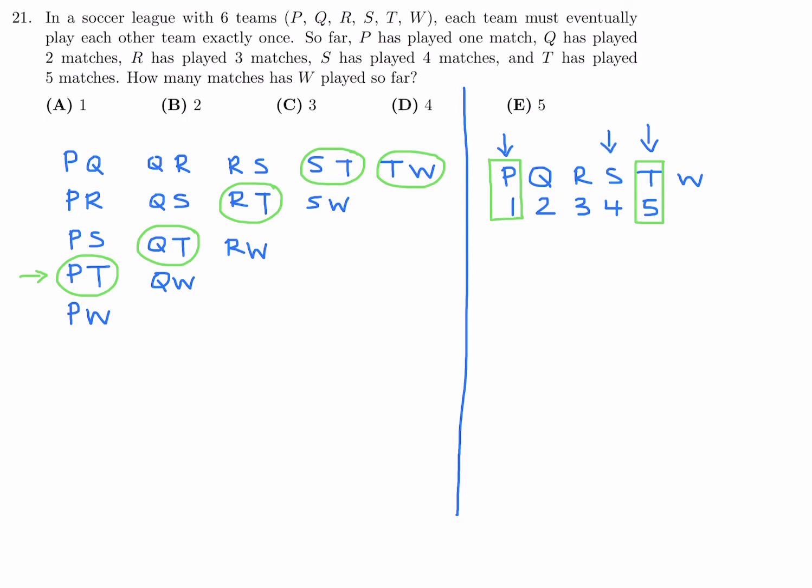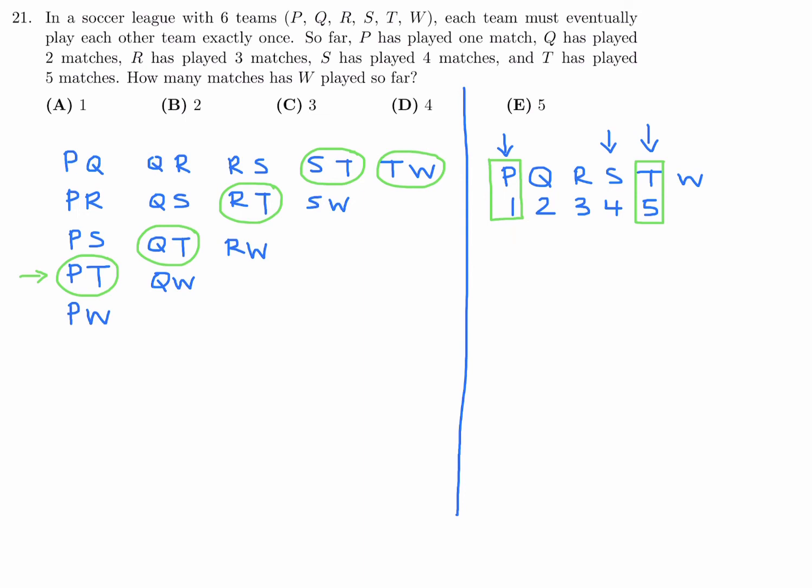Now let's look at S. S has played 4 games, correct? So I have to circle which 4 games. Now there's 5 games that S plays in this whole tournament, in this whole soccer league. So which ones of those 5 must I circle? I've got to only circle 4. Well, here's the clue. P is already done. P only played 1 game.